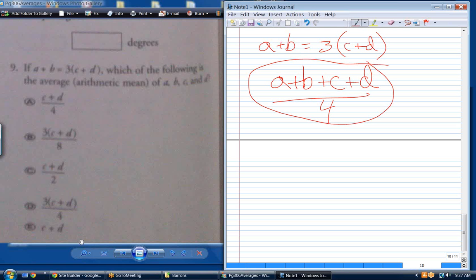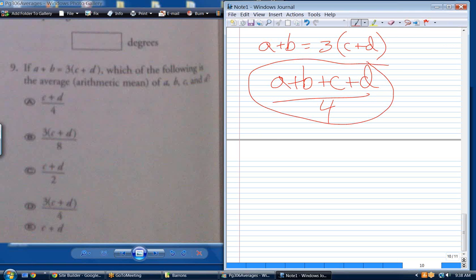Oddly enough, that was my first step also, and that's backwards. The moment I did that in my head, when I looked at these questions this morning before our session, I said, well, C plus D equals A plus B divided by 3, so I could substitute, but then I'll have an answer that's all in terms of A and B. And that's not what I want.